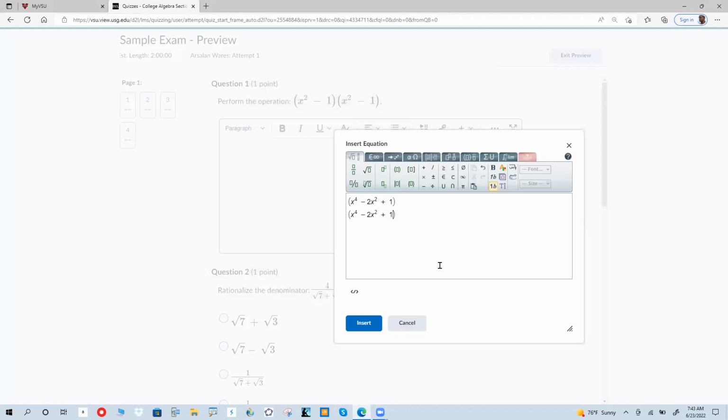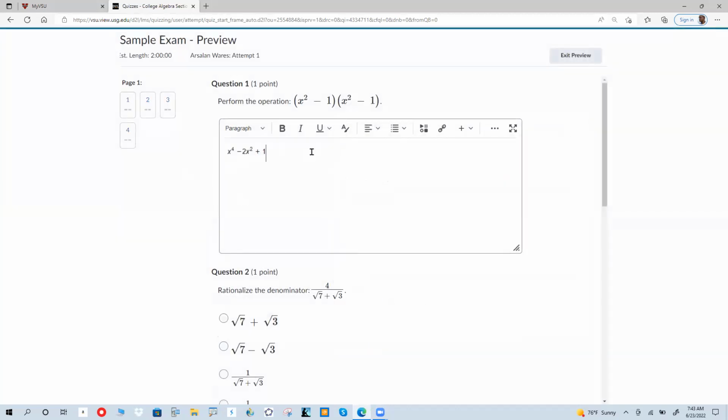But let's take care of it. Let's not put the parentheses. It's not needed. It's redundant. I'm going to delete this. Now that's my answer. Insert. I have it. And this is what I want to see. I do not want to see this, and I'm going to type it in the bottom. Okay.